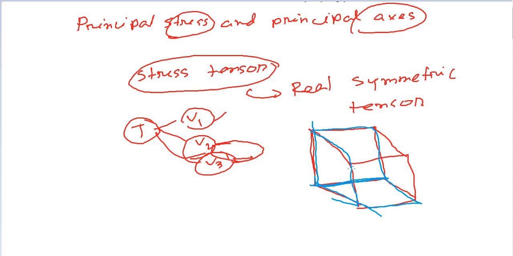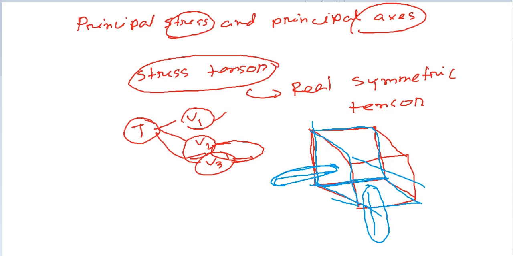There will be a stress vector normal to each plane, and along these there will be no shearing stresses, only the normal stress. This normal stress is called the principal stress.